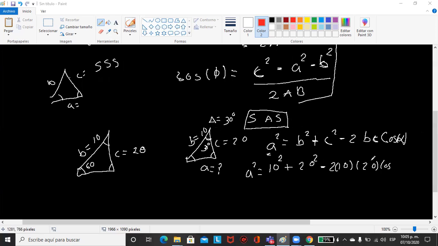Okay, so the cosine of alpha, the angle here is 30. So we have the cosine of 30. And we only solve this and take the square root.